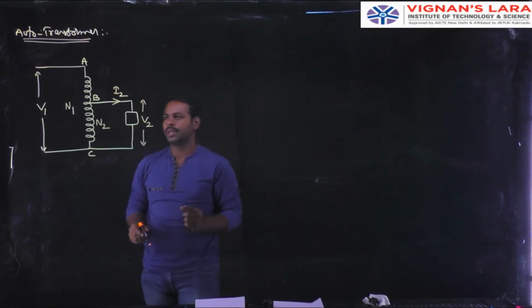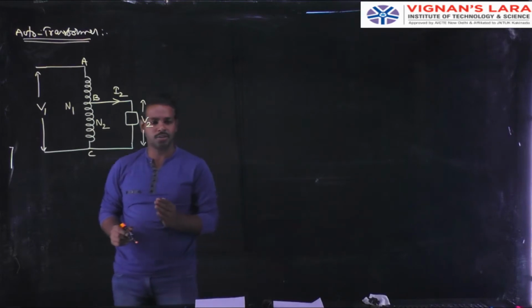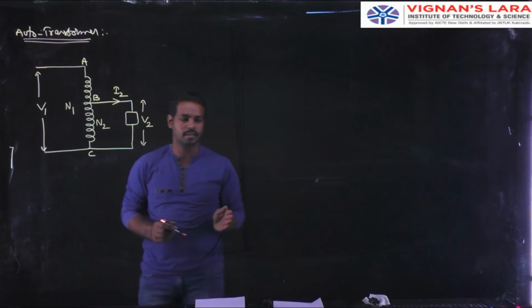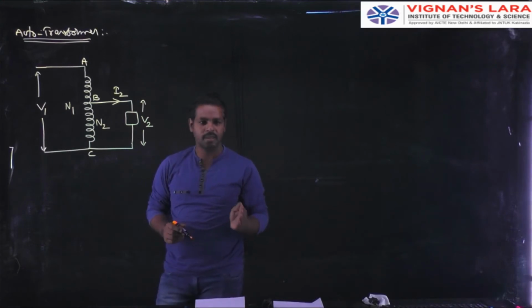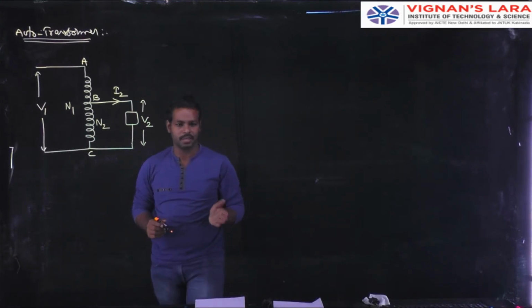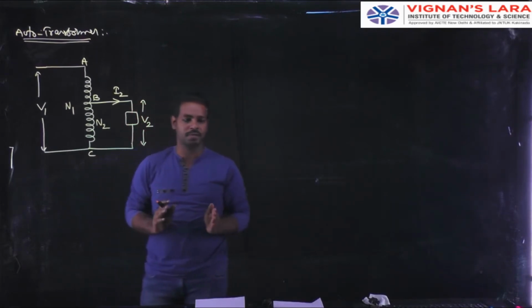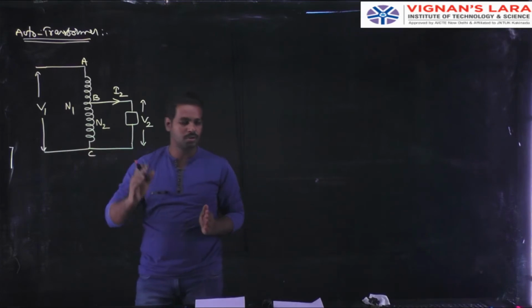In a similar fashion, energy is transferred from primary to secondary by two methods: the induction process and the conduction process. Based on these two processes, energy is transmitted from the primary winding to the secondary winding.